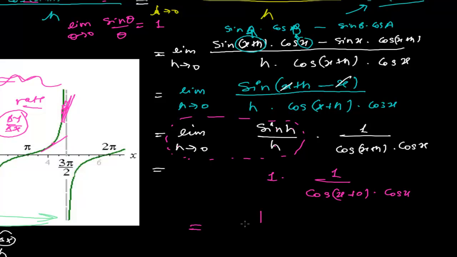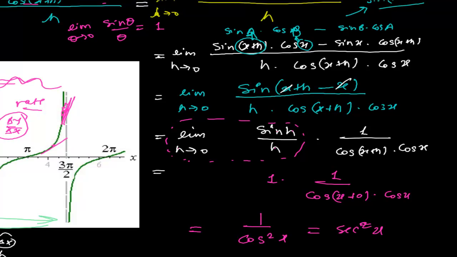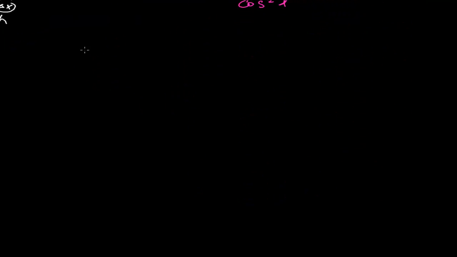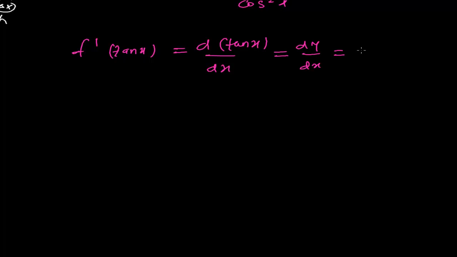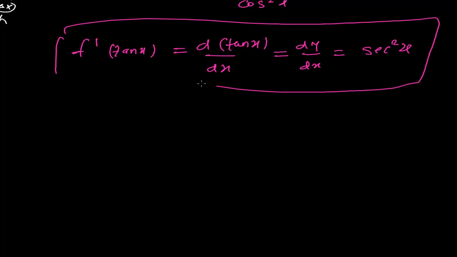So it is exactly 1 upon cos squared x, which equals sec squared x. So the derivative of tan x is equal to sec squared x. Now I can write f prime of tan x, or derivative of tan x with respect to x, or simply dy by dx, is equal to sec squared x, right? So now we got the derivative of tan x.